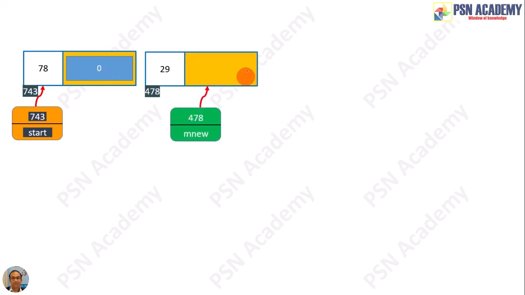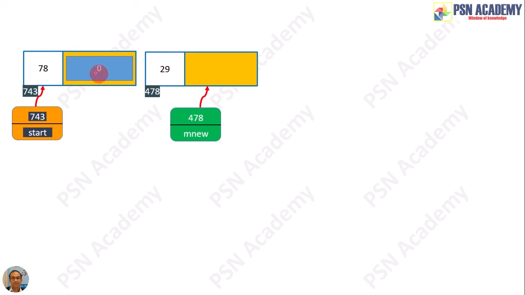Now you have a new node which is created at 478, say, and it is pointed by mnew with the data 29 inside, and you have to link between this first node and this new node, which will be the second node. So you have to store the XORed value of the previous node and the next node.